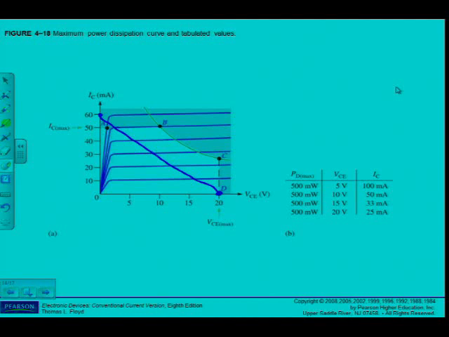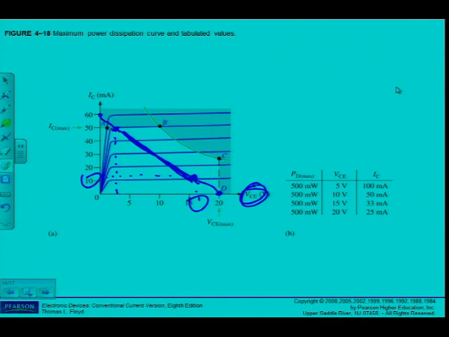Here I can see, say for instance there, I've got a fairly high IC, but VCE is then fairly low. And as I move down along this load line, I can see that the value of IC becomes much smaller, but the value of VCE then increases. Okay, so they cannot be maximum at the same time.